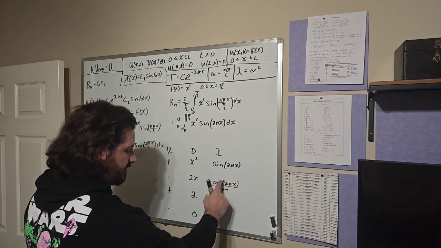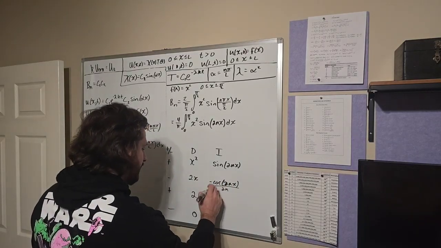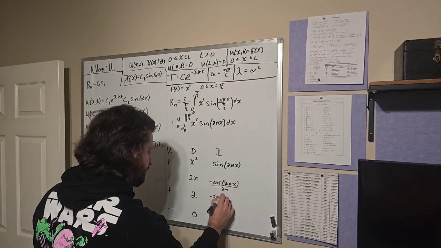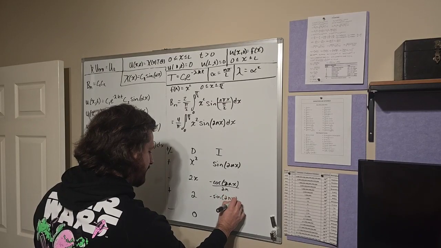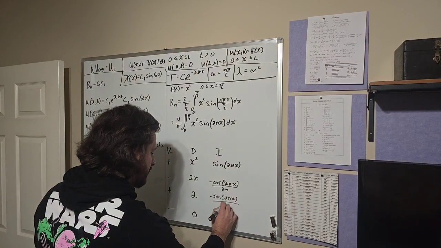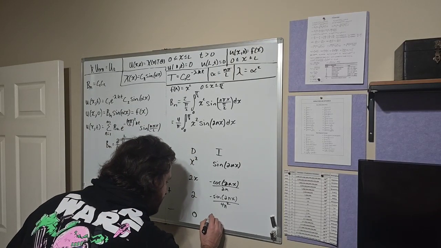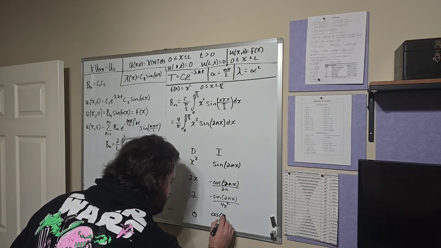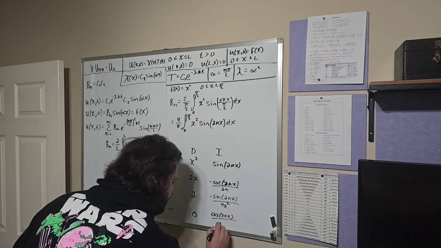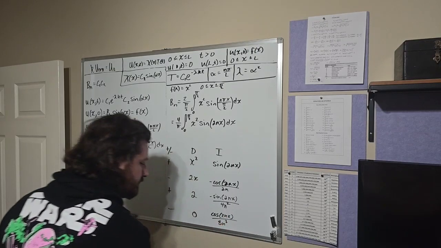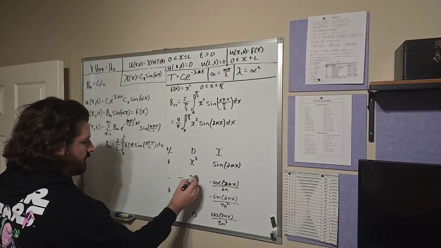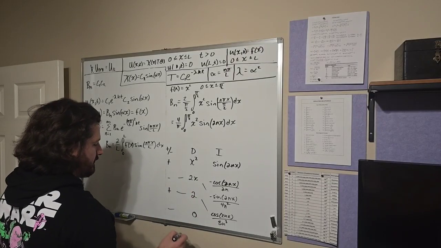Let's take the derivative of the inside and divide. And then the integral here is just going to be negative sine of 2nx over 4n squared. And then our last integral is going to be positive cosine of 2nx over 8n cubed. And then just like normal, we're going to go across and down and across and diagonal, and across the diagonal.